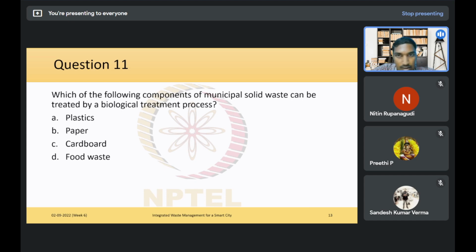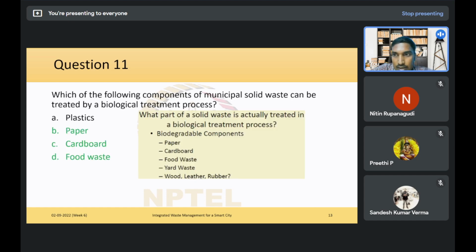So plastics is not biologically degradable, whereas paper, cardboard, and food waste, all these can be degraded biologically. There'll be different times it takes for treating these, but they can still be treated biologically because they have some organic content, right? So all options B, C, and D are candidates for biological treatment, right?